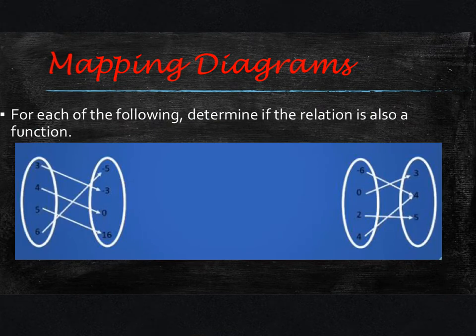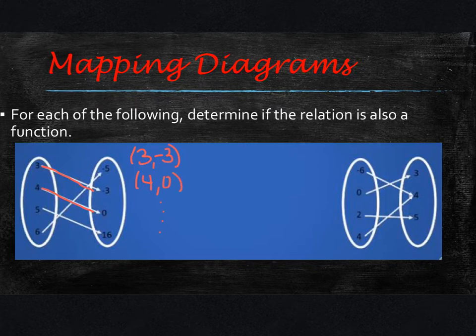In this next example, we have mapping diagrams. You might remember this from Algebra 1. A mapping diagram just connects the ordered pairs. So for example, in this first mapping situation, the line connects 3 to -3, so that would be the ordered pair (3, -3), and then the next x value connects 4 with 0, so then we'd have (4, 0), and so on.